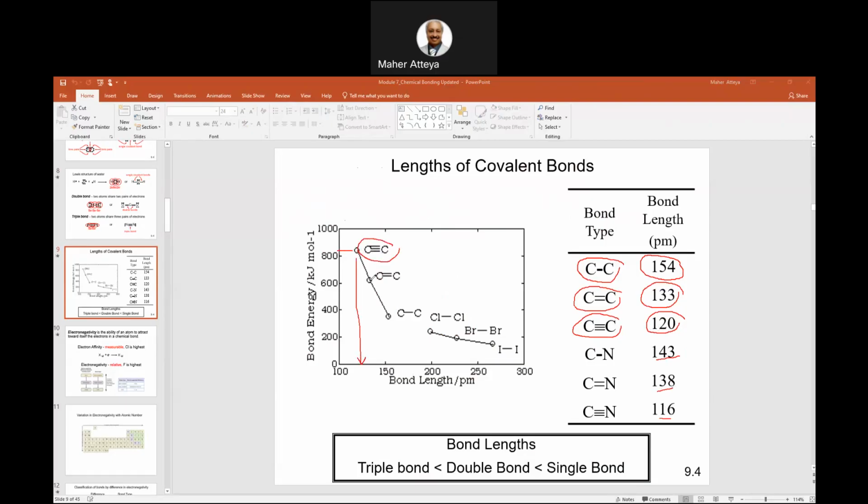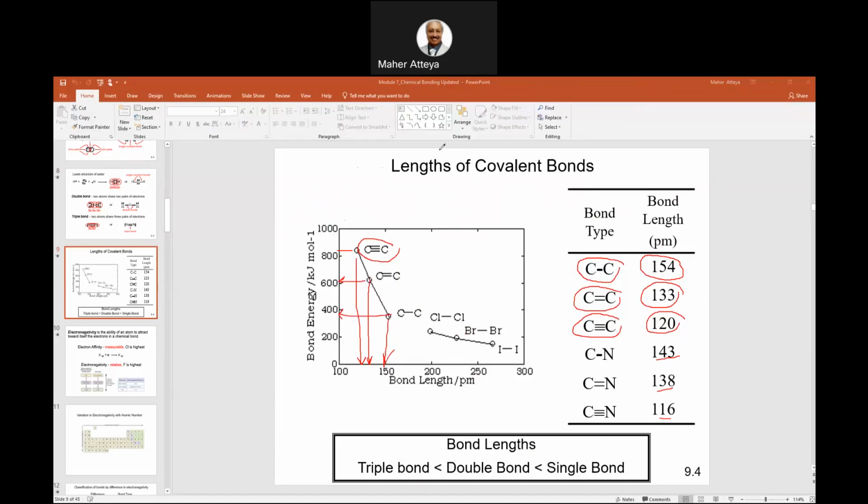The double bond is here, and the energy you need is here. Single bond is here. Just qualitative, so you don't have to memorize. So the amount of energy needed to break those bonds depends on the degree and the type of the bond itself.